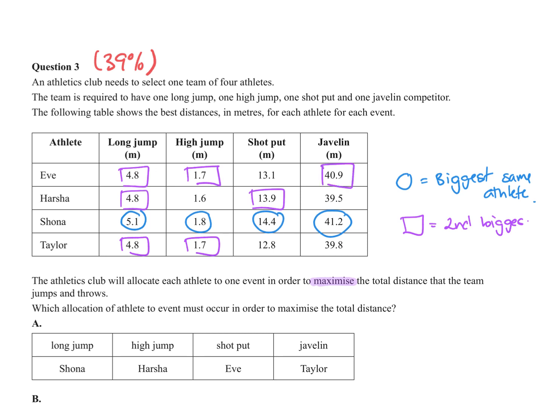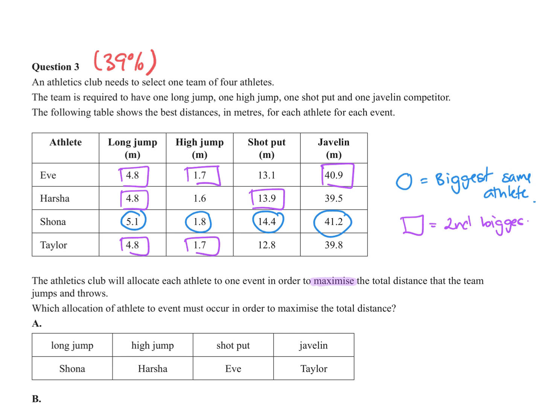So then what I did was I worked out, because I went, all right, the best athlete can't do everything. But what I want to do is lose the least amount of distance between whichever one. So whoever gets closest to being the next best, I'll take that for the job.